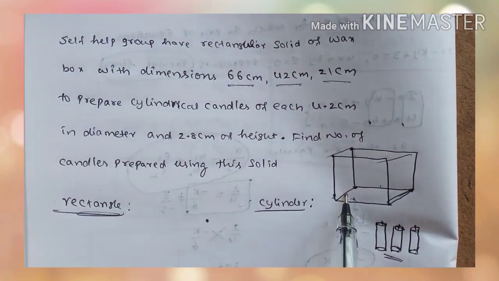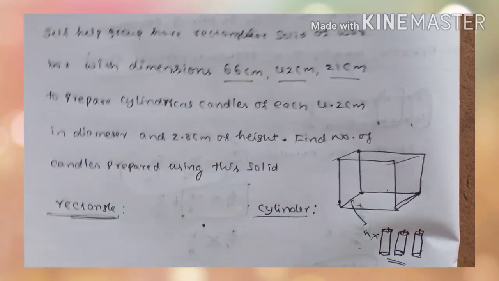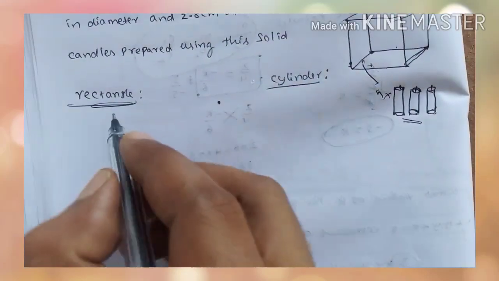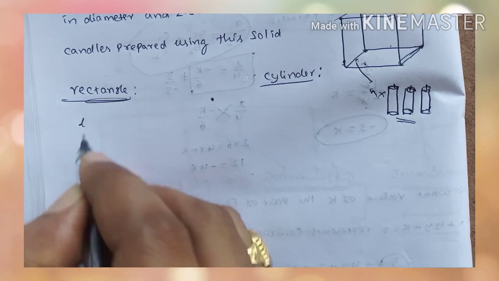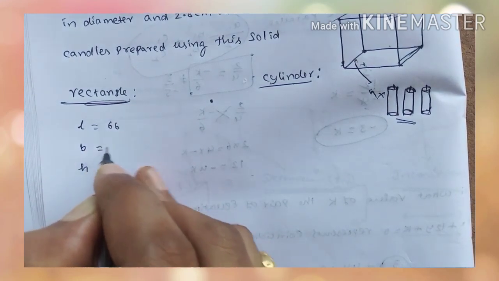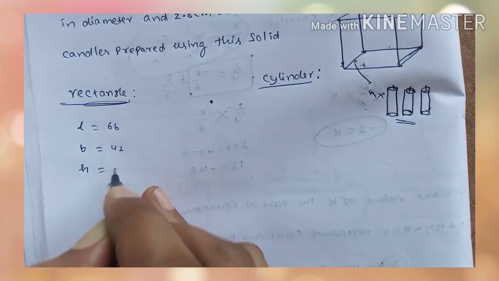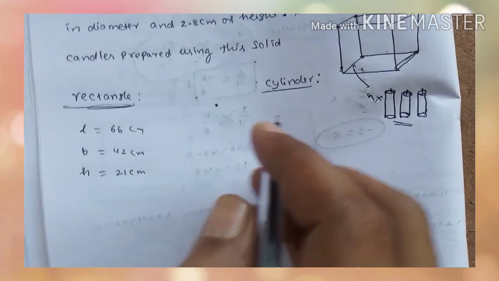So big volume object is equal to n into smaller objects. Write the dimensions for that. In the rectangular solid, length is 66, breadth is 42, height is 21 centimeters.